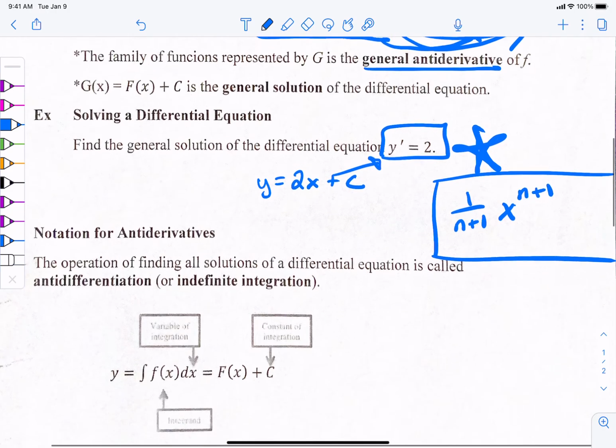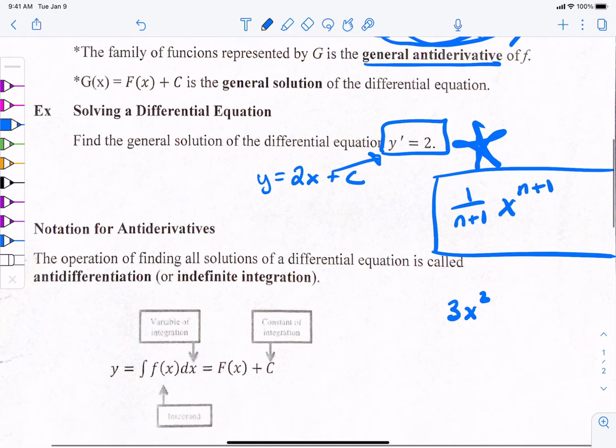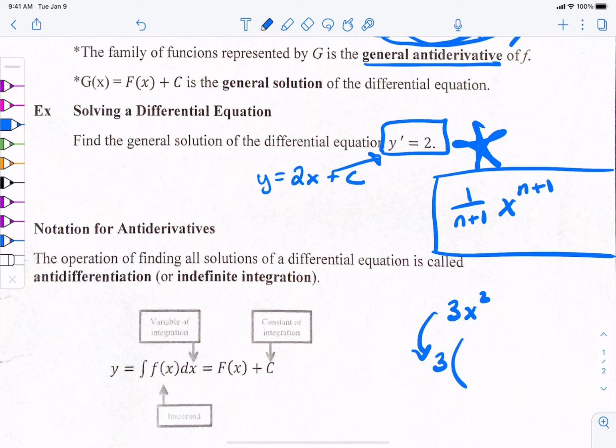So let's use the example from the top. I'm finding the antiderivative of 3x squared, using that formula. The 3 is just going to chill out for a minute. It's not going to do anything, so we take it off the front. What is n in this case? N is 2.